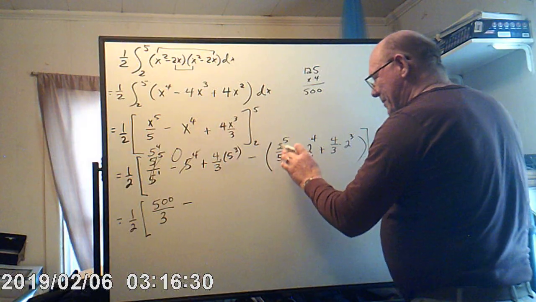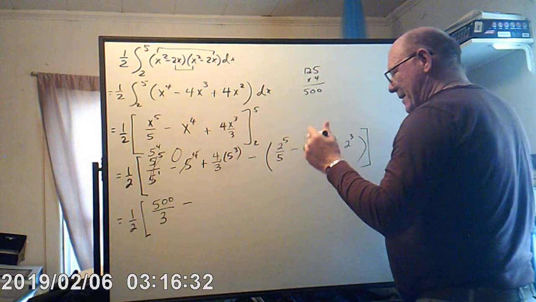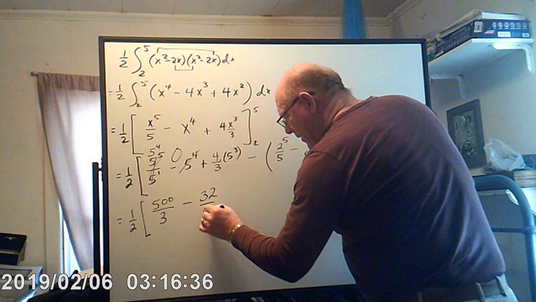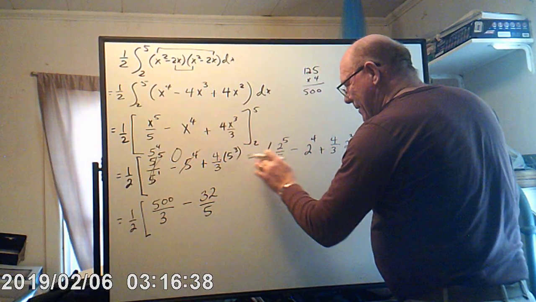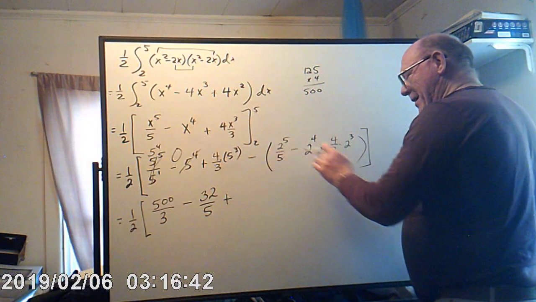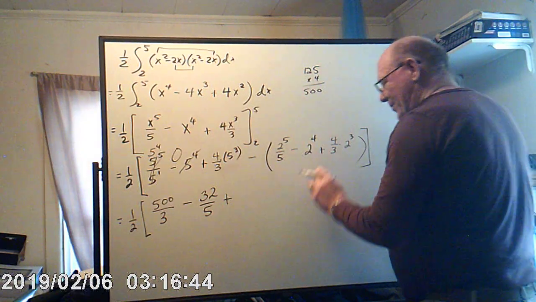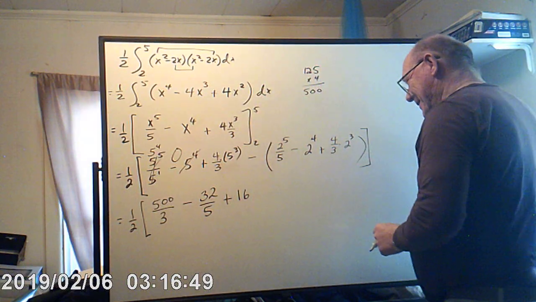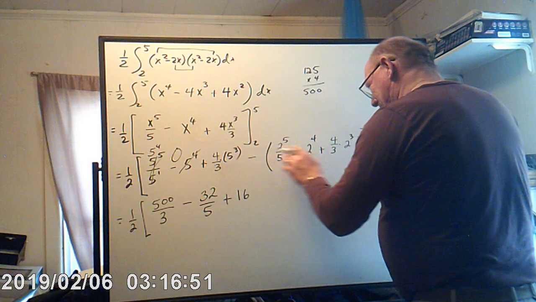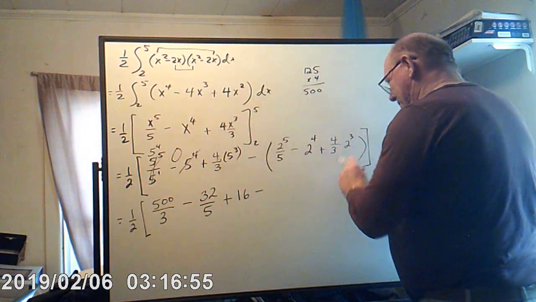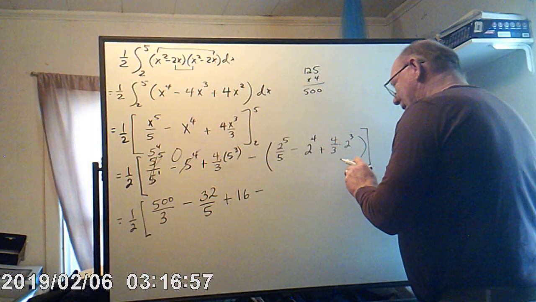Now I'm just going to distribute this. 2 to the 5th is 32 over 5. 32 over 5. And this does take on the minus sign. This next term is plus, isn't it? Negative times a negative is a positive. 2 to the 4th is 16. Some things I still remember by heart. Alright, and then this is going to be a minus sign. So minus here. 4/3, 2 cubed is 8.